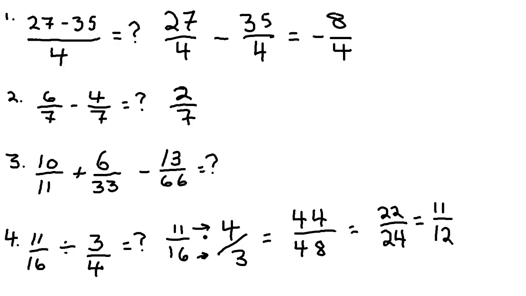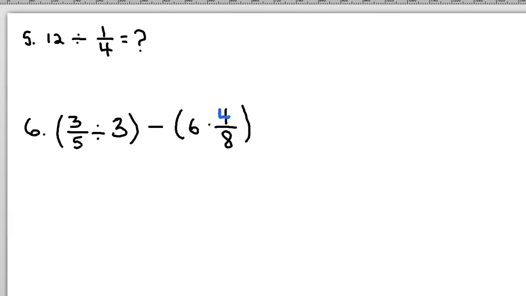I'm going to do 2 more, and then we'll call it a wrap for this time around. The 5th problem that I wanted to look at was this one right here. We have 12 divided by 1 over 4. This can be a little tricky sometimes because we're dealing with a whole number, that being 12, and then a fraction.